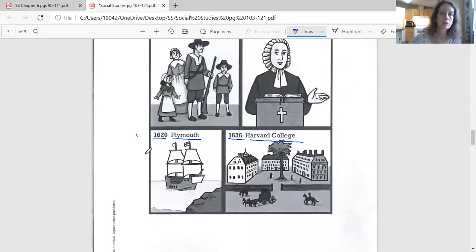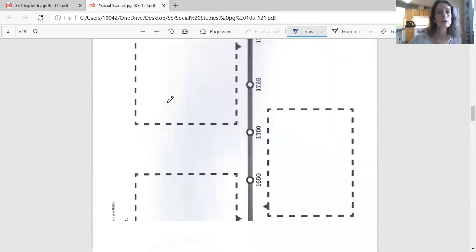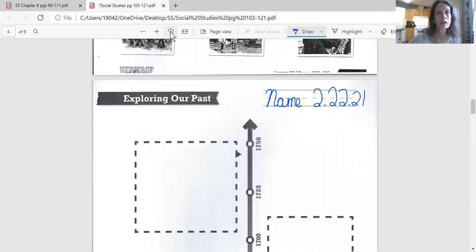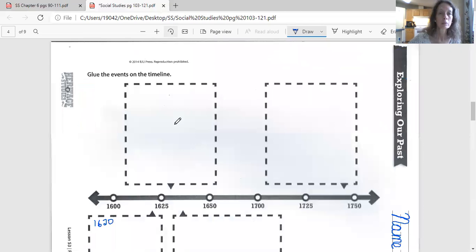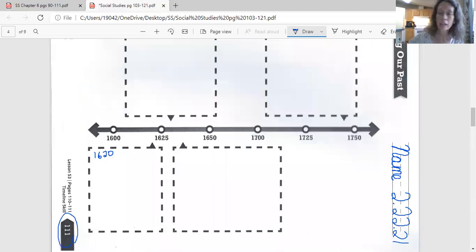Plymouth, right there in 1620. So what I'm going to do is draw a little picture of a boat on that. So let's come back to my page. Up here. Turn it back around. Here we go. And look right on this, and I'm going to write Plymouth.